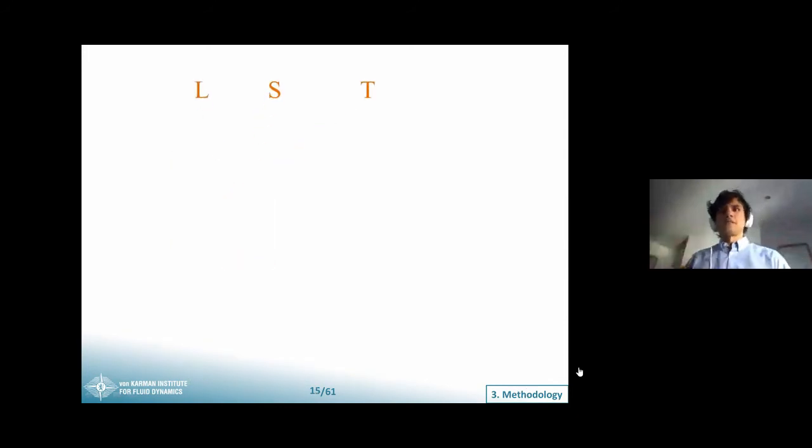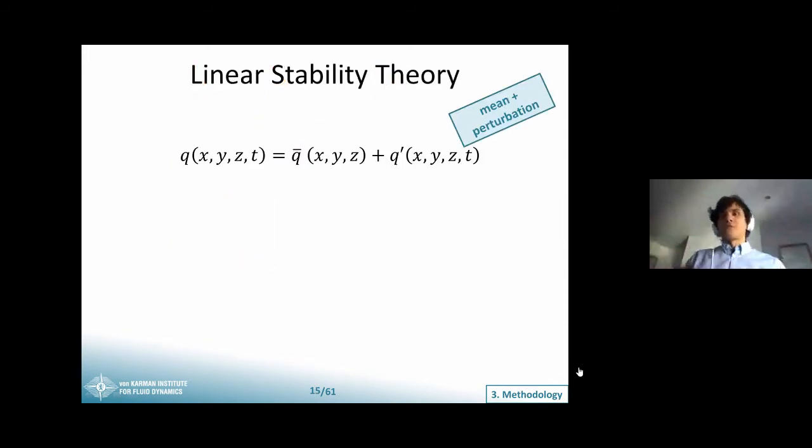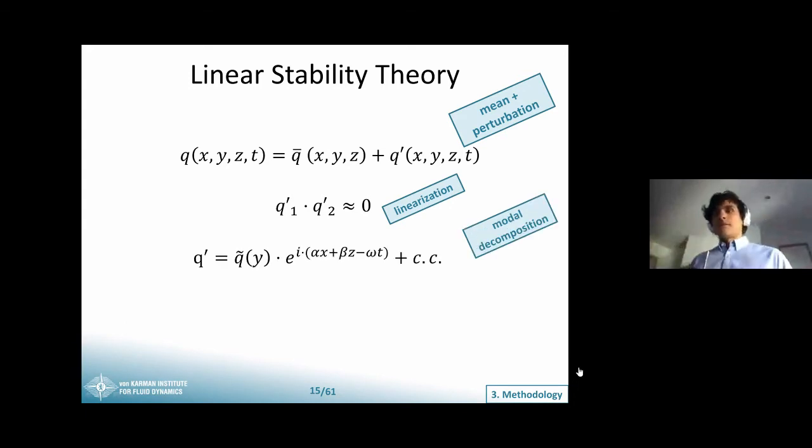OK, so what does LST consist in? Well, the first thing we do is we decompose, as we said, our flow variables into a mean component plus a perturbation. We then linearize the equations by dropping higher order perturbation terms. We make a modal decomposition where we effectively assume that the perturbation is periodic in the spanwise and streamwise direction and in time.